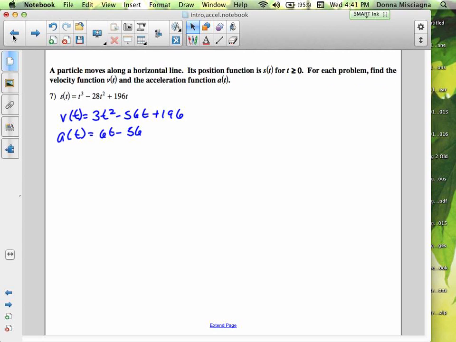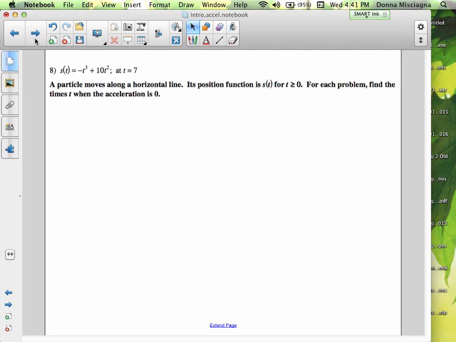So let's find the velocity and acceleration at t equals 7 seconds, and we'll find when the acceleration is 0 in the next problem. We'll just find the velocity and acceleration because we already have t equals 7 seconds. So we're just going to find the velocity and acceleration at the given time.